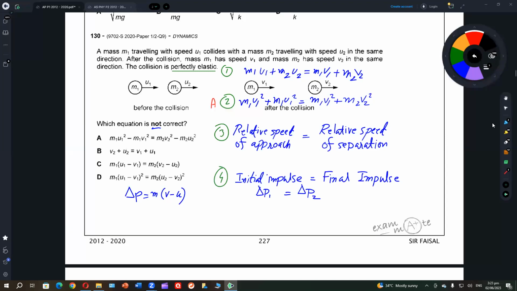Yes, 3 will justify the first equation. If we take m1 common, like m1u1 minus m1v1, then it can. It means this is justified as B. What about option C?